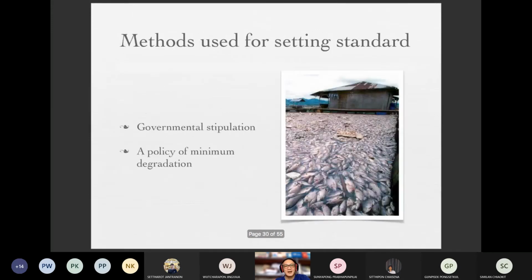Okay, other types of approach. The second approach is the policies of minimum degradation.